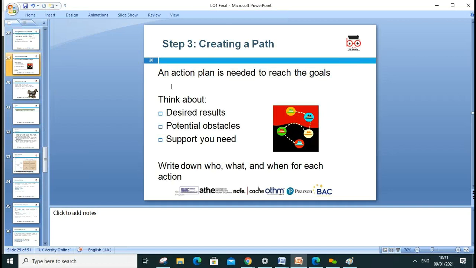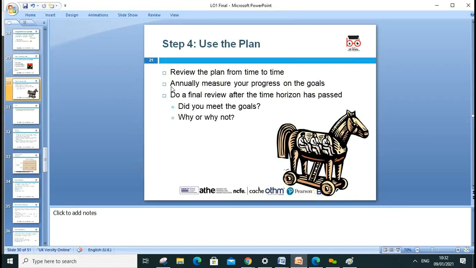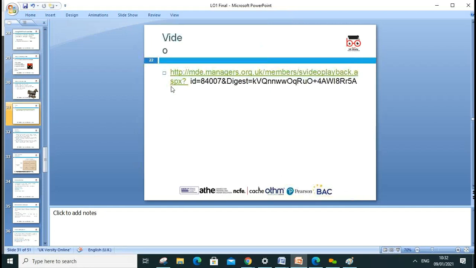Creating the path, the action plan: describe the result, how you will overcome potential obstacles, the support you need. Write down who, what, and when for each action that needs to be taken. Then use the plan, review it and carry on doing it, because planning never ends.